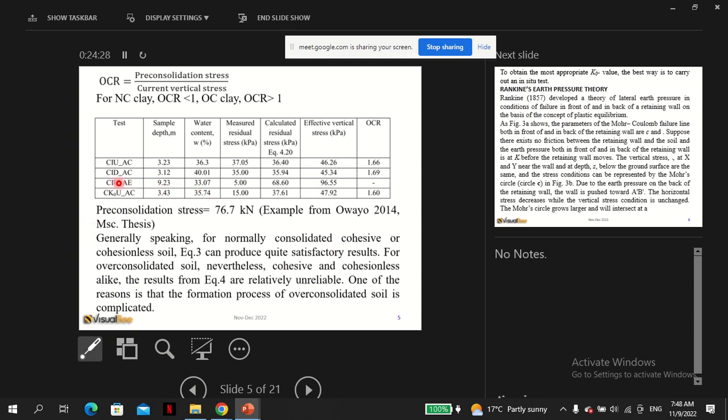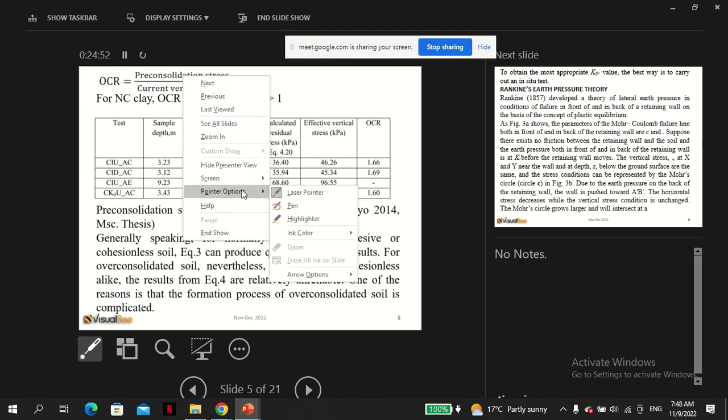So this sample here for CIUA is normally consolidated because it's carrying more stress than the pre-consolidation stress. I think this is important, you need to note. Here the vertical stress is higher than the pre-consolidation stress.